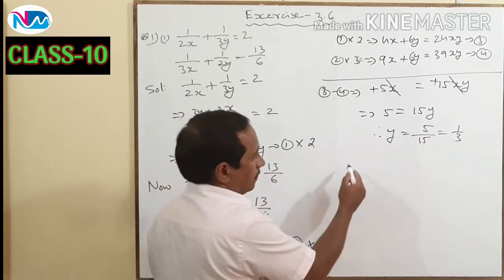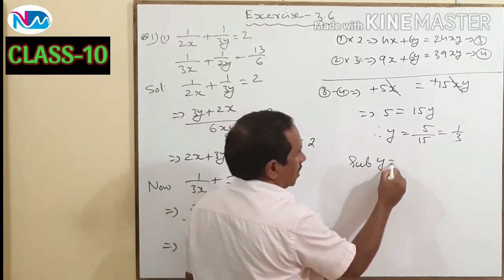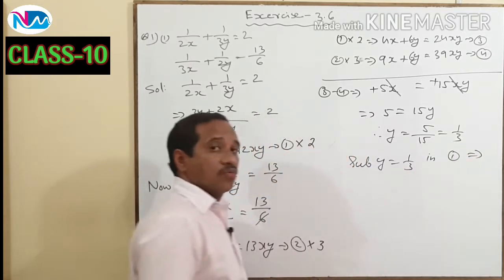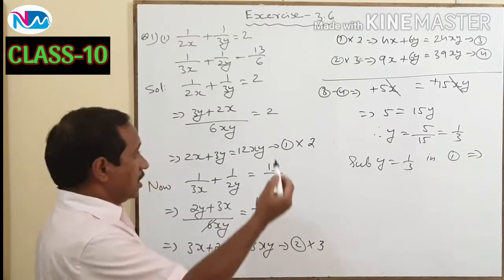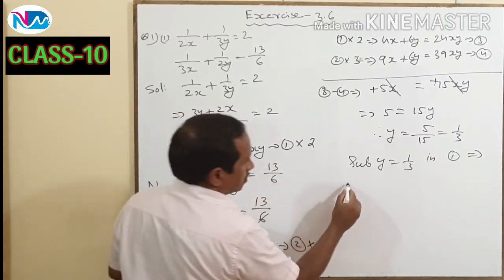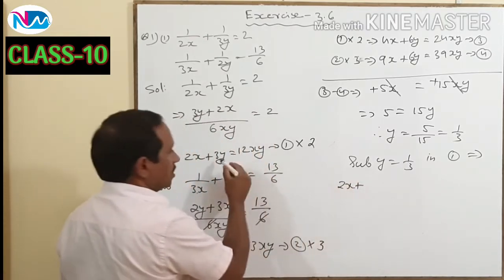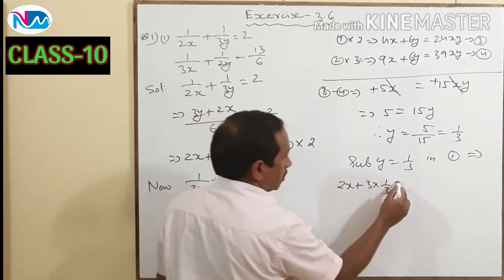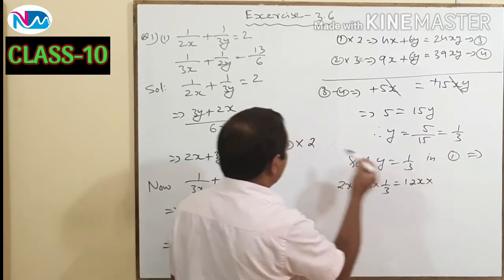Now we substitute y is equal to 1 by 3 in equation number 1 to get the value of x. In equation number 1 we have 2x plus 3y, means 3 into 1 by 3, is equal to 12xy.